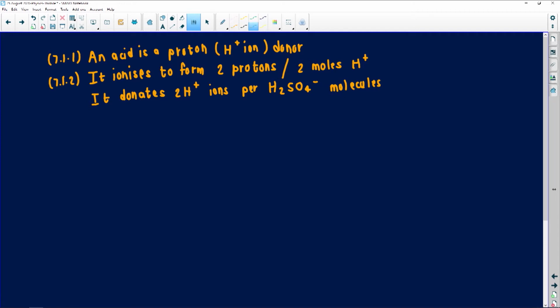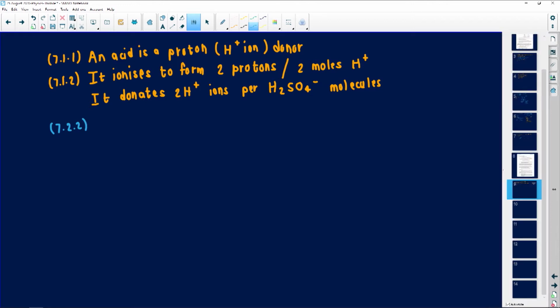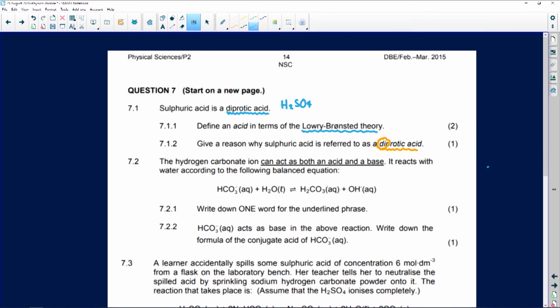Let me just move to 7.2. We're going to have 7.2.2 now. Let's work that one out. So now 7.2 says the hydrogen carbonate ion can act as both an acid and a base. Now, water can actually also act as an acid and a base. And where do you know this from?